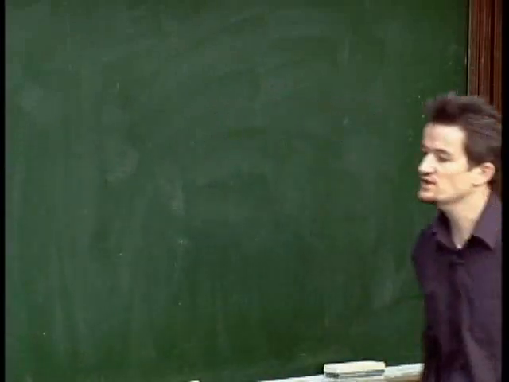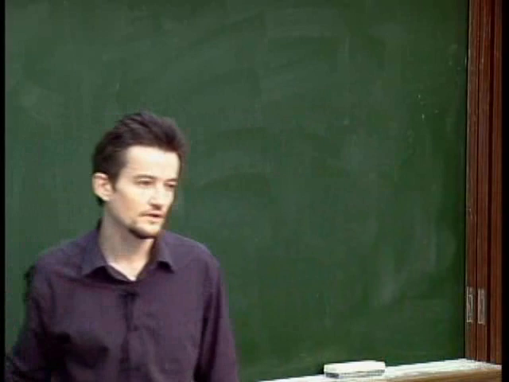This machinery can be used to prove that the area of an ellipse, which maybe you have learned in high school, is a times b times pi.